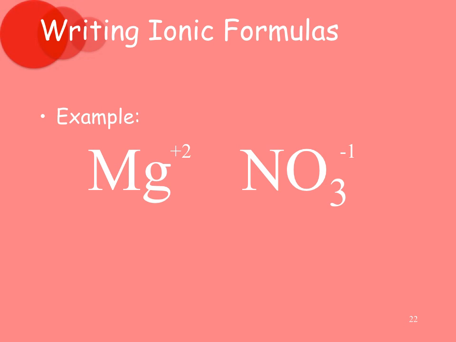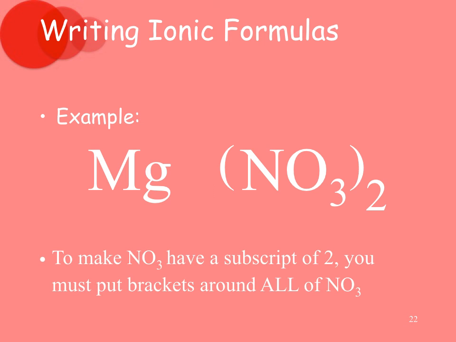So when we write these formulas, we have Mg +2, magnesium hasn't changed from before, but now we're going to use nitrate for our anion. We'll bring the -1 down, but keep in mind we don't actually write that, so we'll just pretend we did that. And then we bring our +2 down. But notice that looks like N with 32 oxygens, so we can't leave that alone.